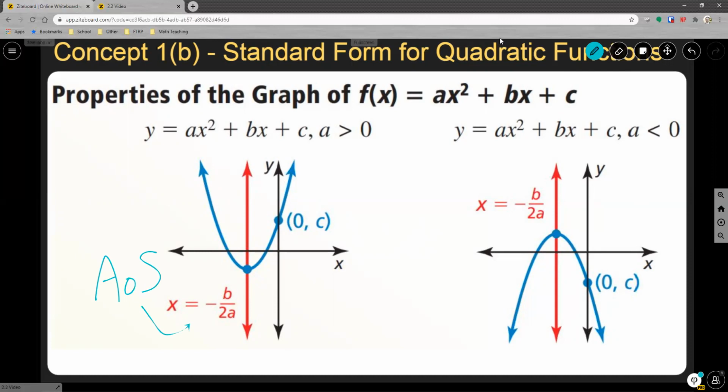And then my y-intercept is the value c. If my a value is bigger than 0, my parabola is going to point up, which we can see here. And if my a value is less than 0, my parabola is going to point down, which I can see here.